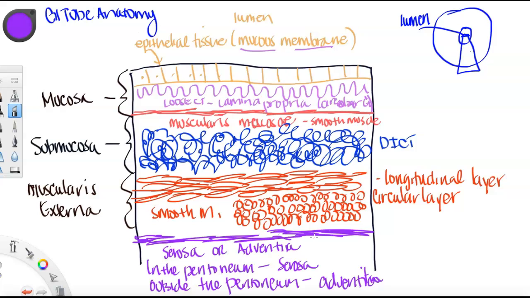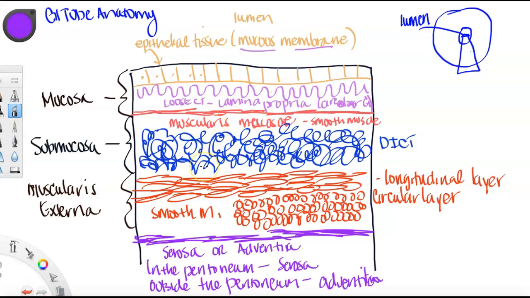The duodenum, which is part of the small intestine, it is not in the peritoneum. It is retroperitoneal. It will have adventitia. But the rest of it, the jejunum and the ileum, which are in the peritoneum, has serosa, because the peritoneum is what contains those serous membranes.